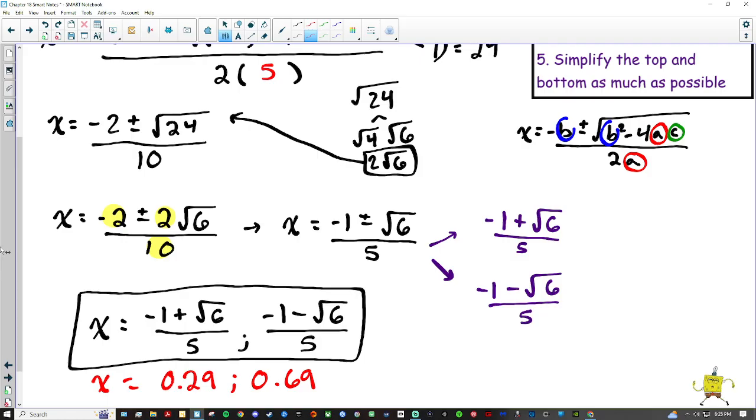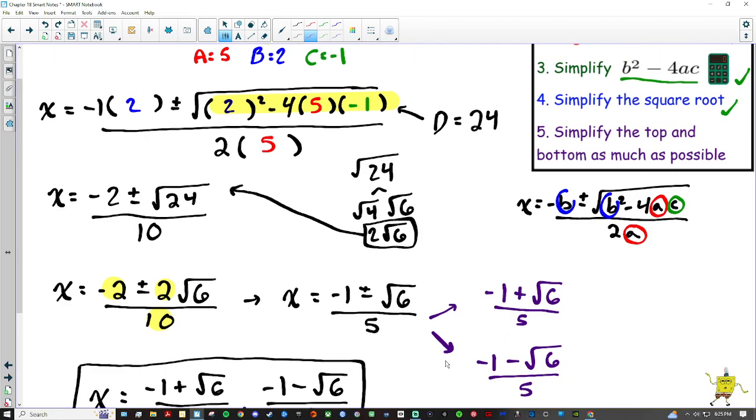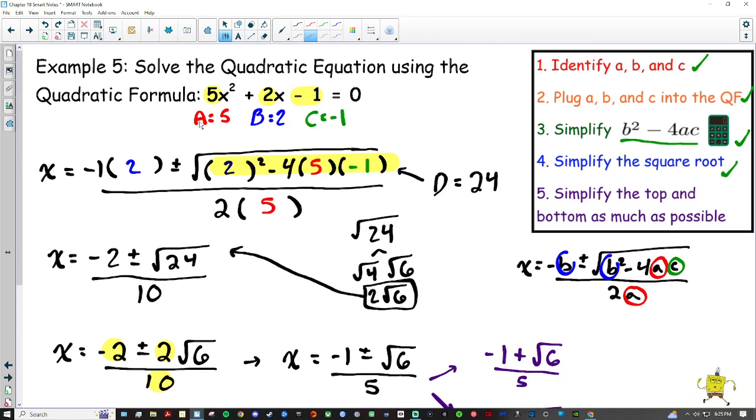And that is it for our second example for quadratic formula. Once again, we identified A, B, and C. We plugged them into the quadratic formula. The highlighted part under the square root is the discriminant. We typed that into our calculator and got 24. And then we cleaned everything up.